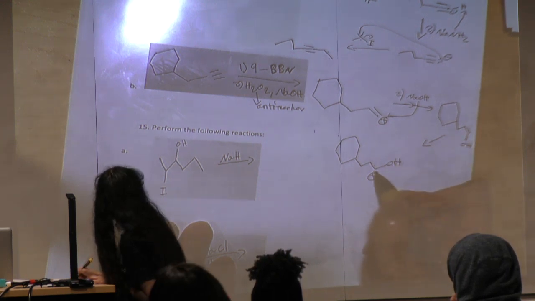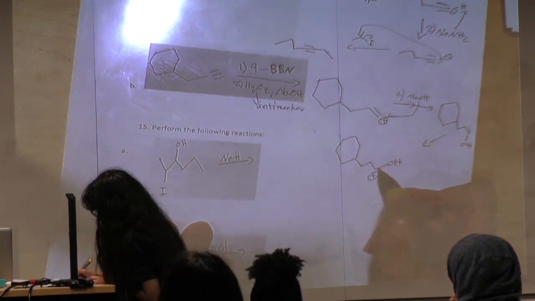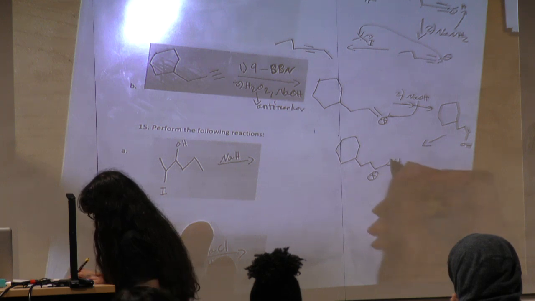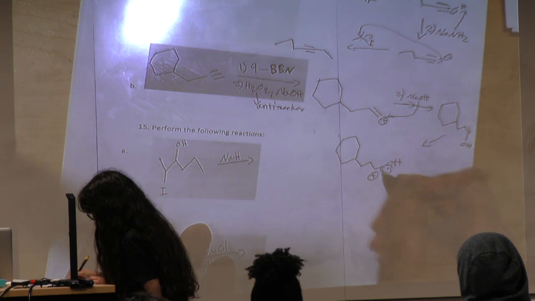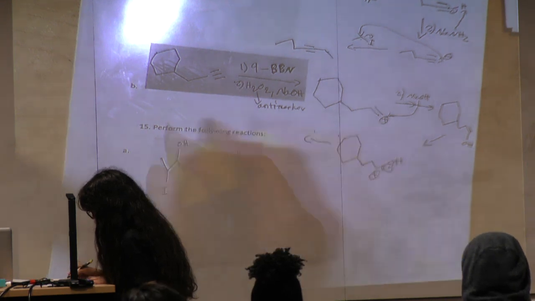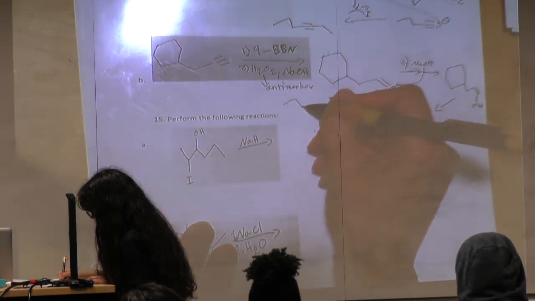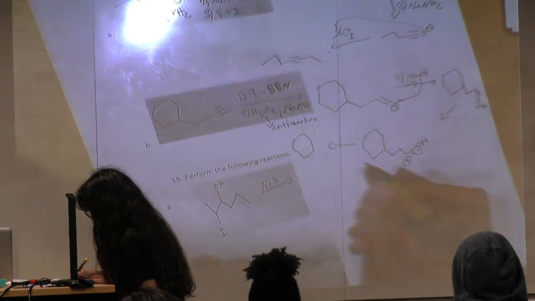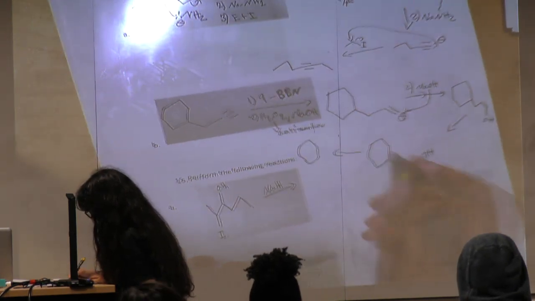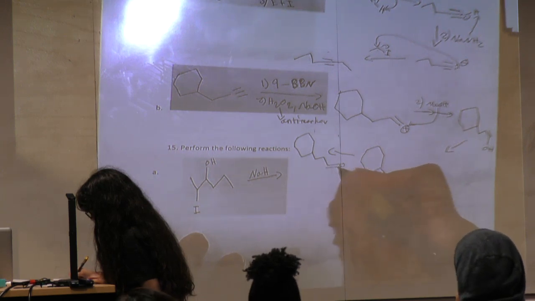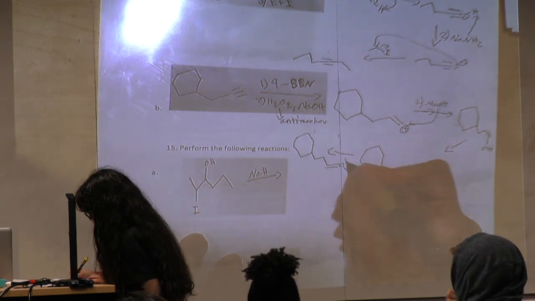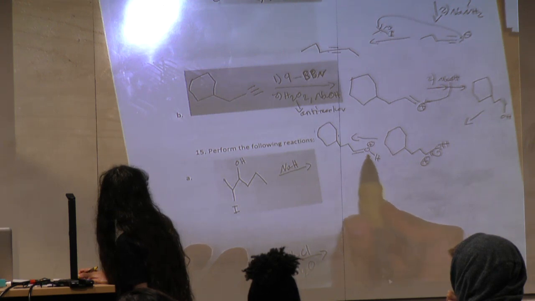We just got rid of the double bond. And now the lone pairs from the oxygen are going to go and stabilize that carbocation. And we're going to get 1, 2, 3, 1, 2, 3. And that has a positive charge.